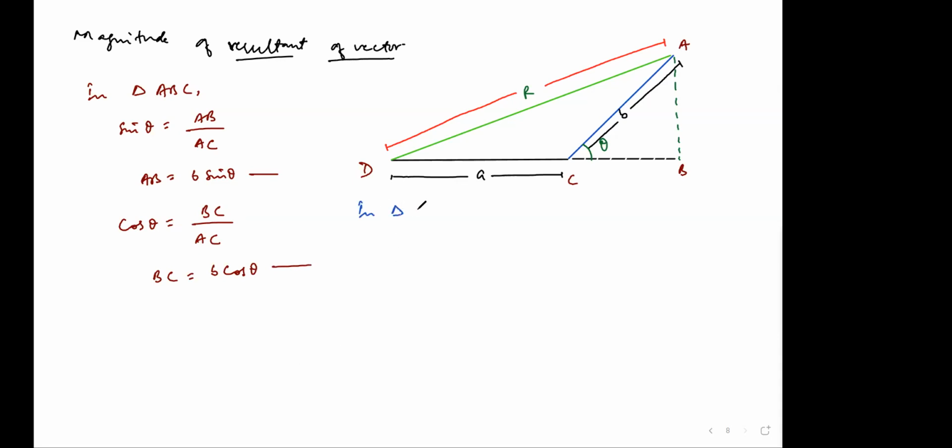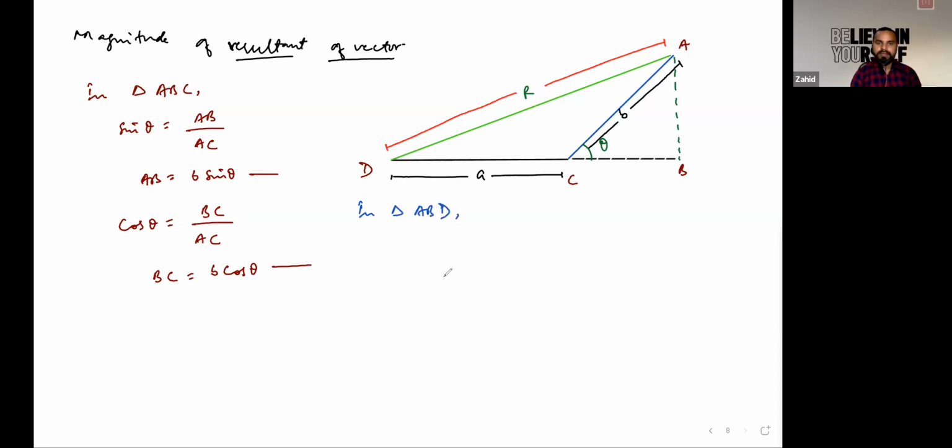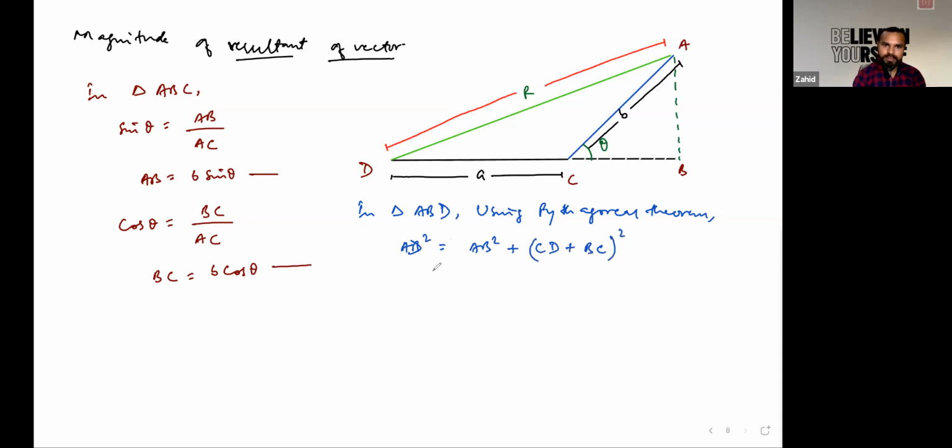Now, in triangle ABD, if you want to calculate AD, just use Pythagoras Theorem. So using Pythagoras Theorem, AD square is equal to AB square plus BD square, and BD will be equal to CD plus BC whole square.